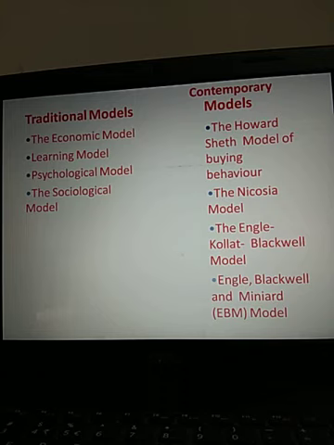So under traditional models, what are there? Economic model, learning model, psychological model, sociological model. Under contemporary models, what are there? The Howard Sheth model of buying behavior, the Nicosia model, the Engel, Kollat, Blackwell model, Engel, Blackwell and Miniard model, or else the EBM model.